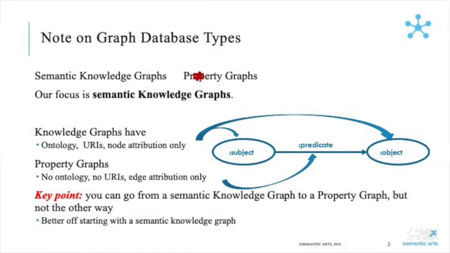This is basically the only structure that we have to deal with in the semantic world, or in graphs in general, actually. And knowledge graphs, semantic knowledge graphs, have an ontology. This is the schema that defines what the sets are that are relevant to the data area that you're working in. There's URIs, universal resource identifiers, and you can only make statements about the things on the end.